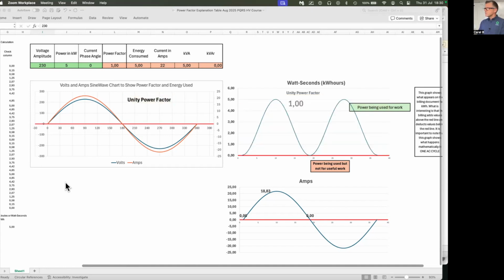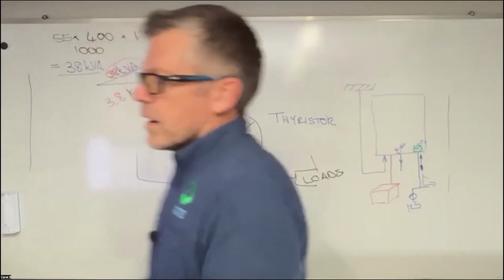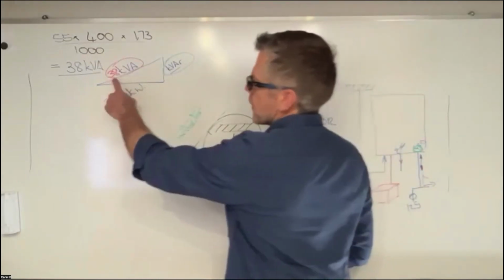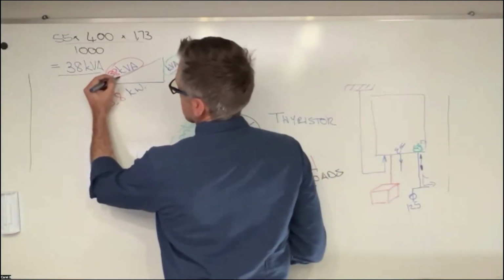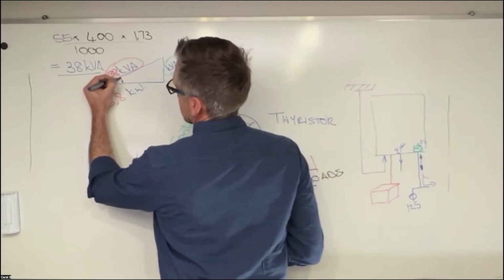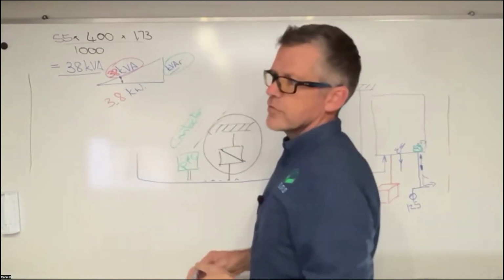Now, as soon as we start messing around with the power factor, so let's change the phase angle. I want to get back to this triangle quickly. When we change the phase angle, what I'm changing is that angle over there.